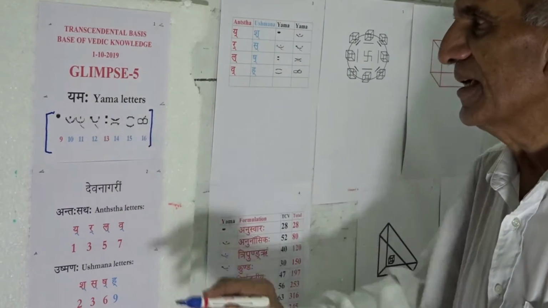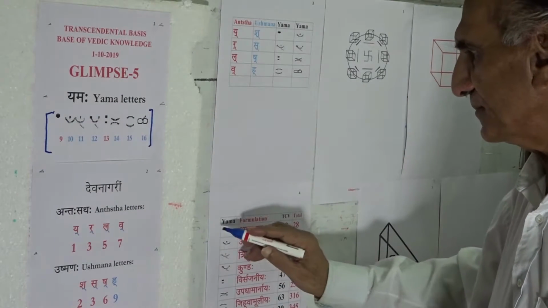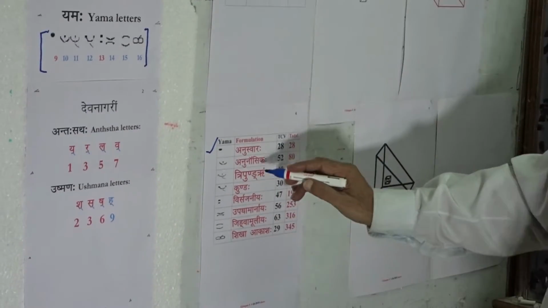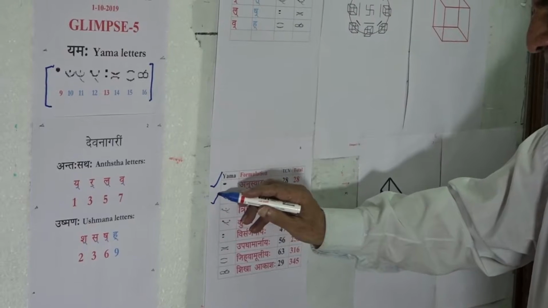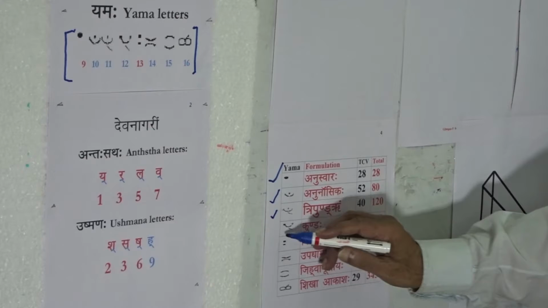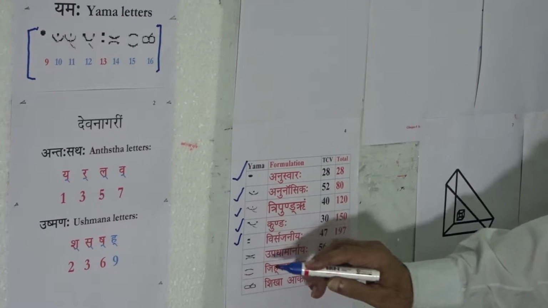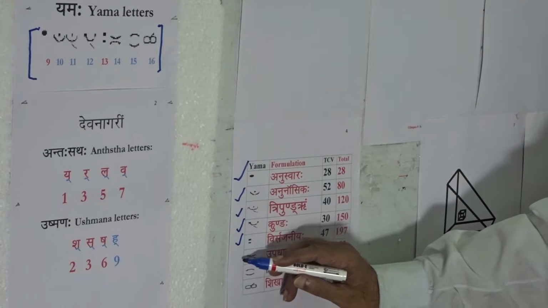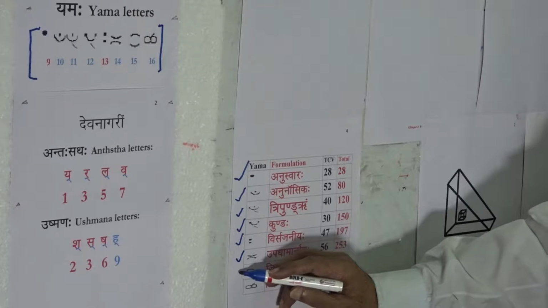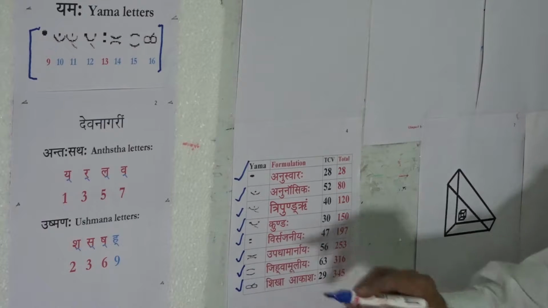designations, names. First is Anuswar, second is Anunasik, third is Tripundram, fourth is Kund, fifth is Visarjaniya, sixth is Updhamaniya, then Jivamulya, and then Shikha Akash.